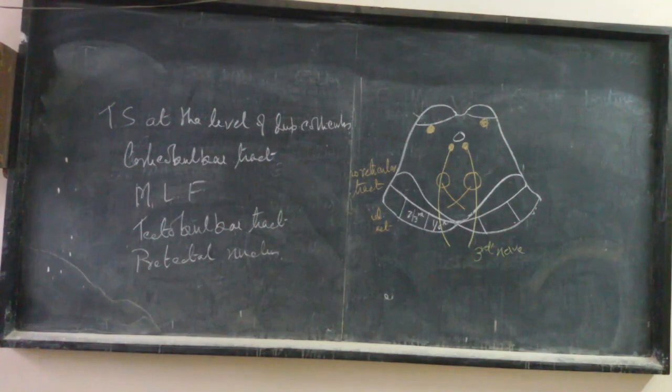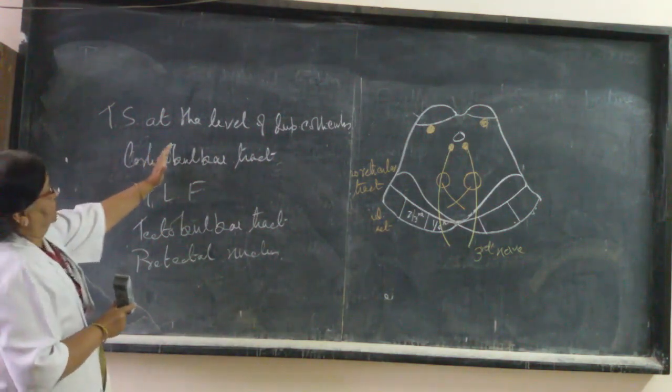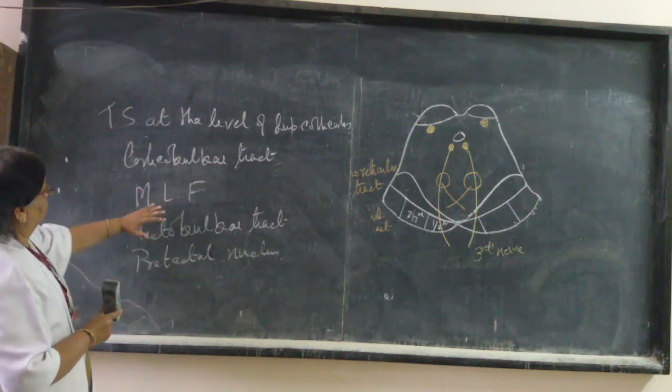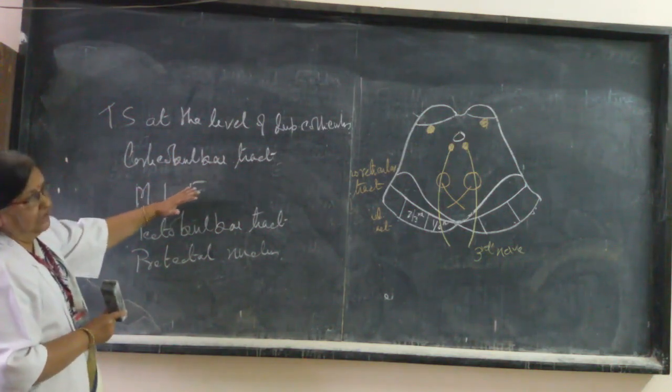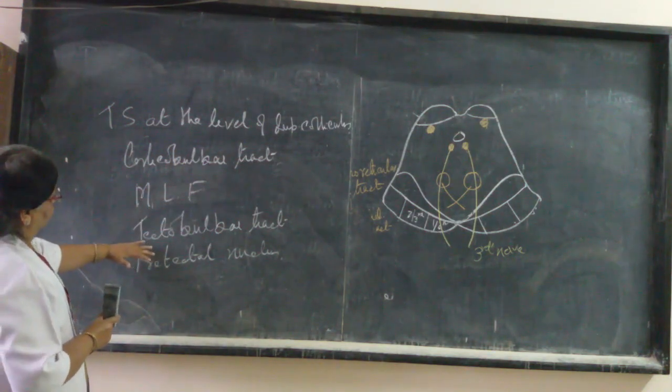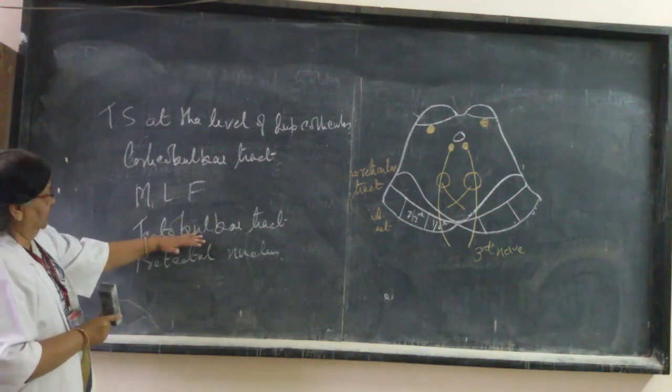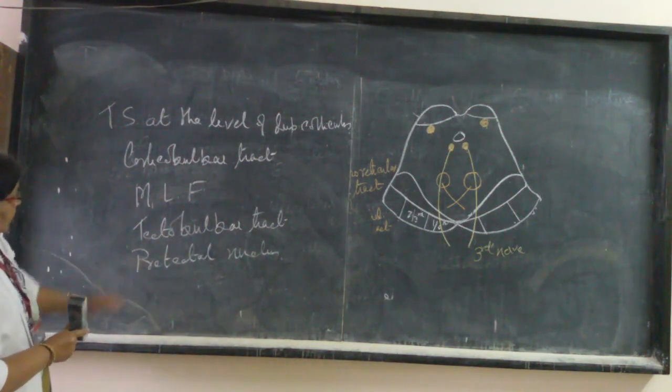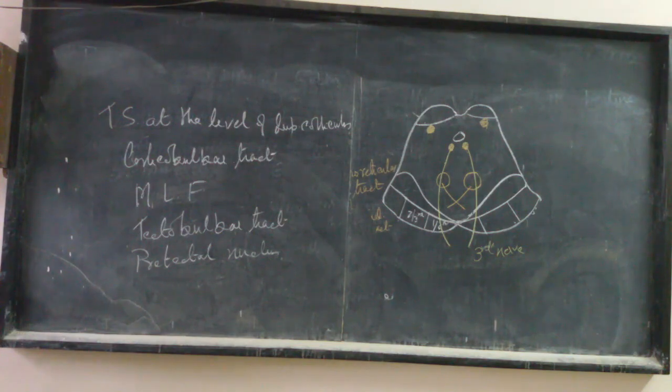Therefore, the third nerve nucleus receives afferents from the cortex as corticobulbar tract, from the superior colliculus as tegmental tract, and from the pretectal nucleus.